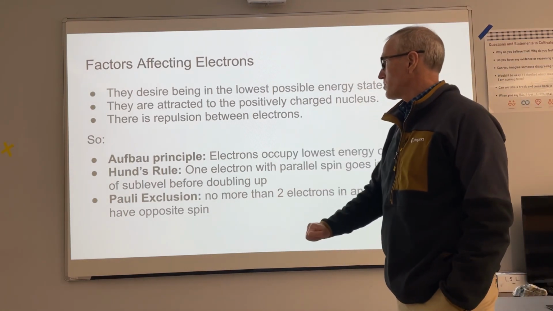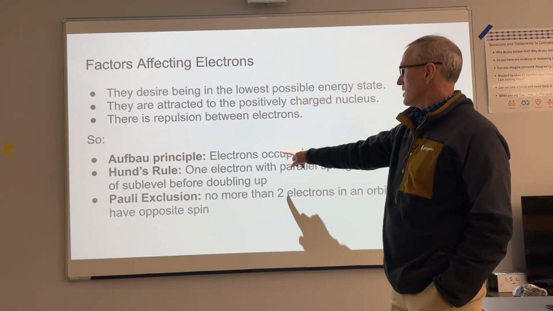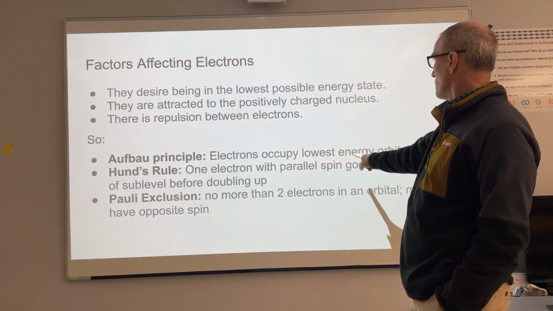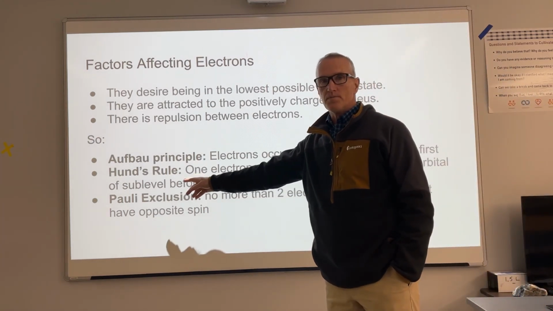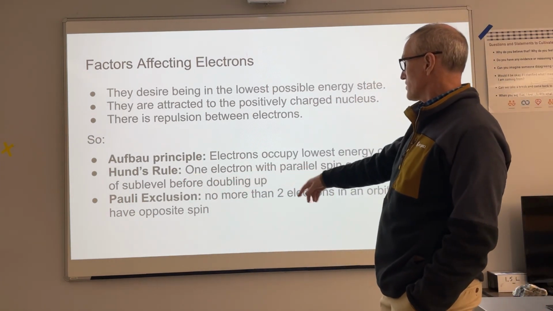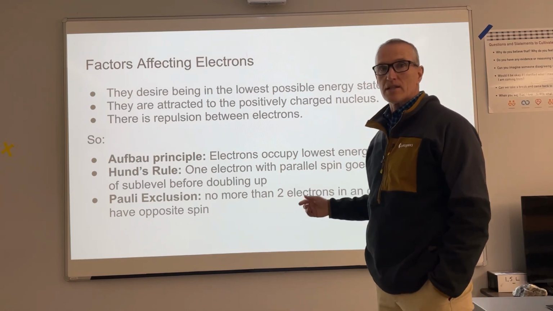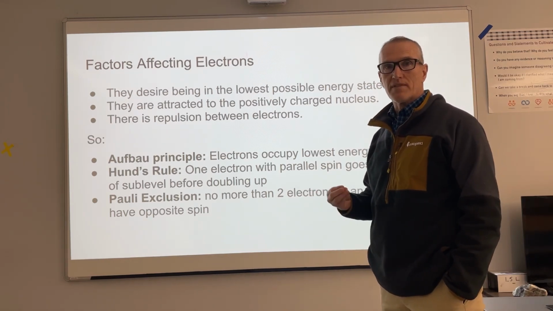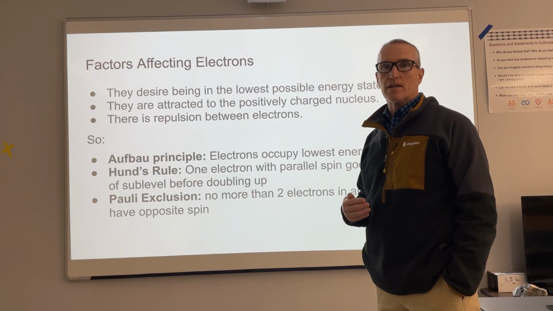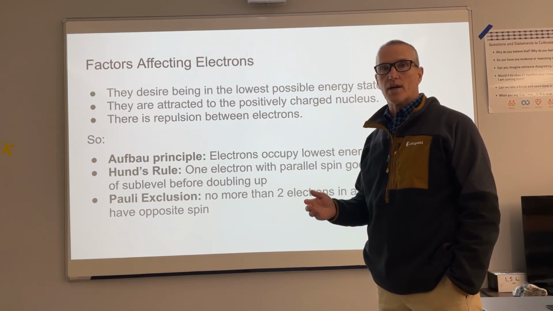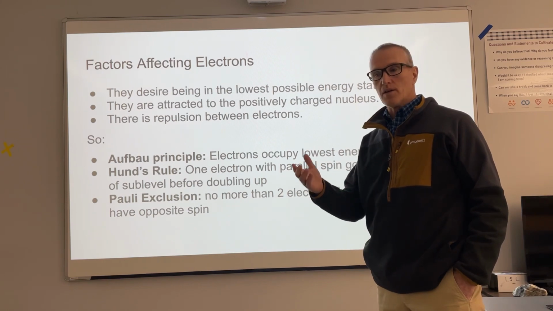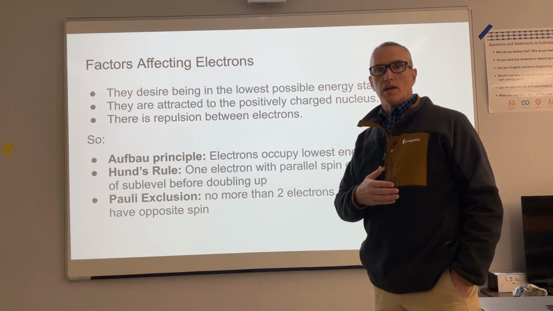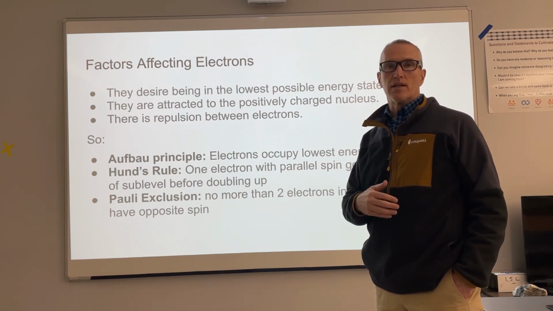The Aufbau principle is our rule already mentioned, where electrons occupy lowest energy orbitals first. Hund's rule is that one electron with parallel spin is going to go into each orbital of a sublevel before they begin to double up. Remember, the electrons don't want to be close to each other if they can avoid it, so they're going to occupy one orbital of the sublevel before they begin to double up.